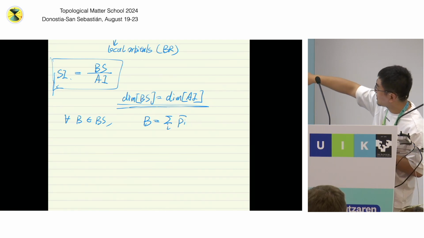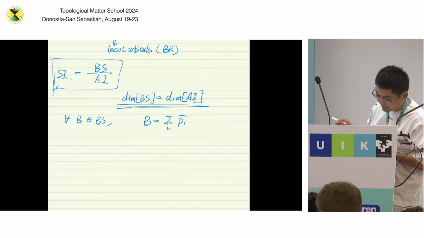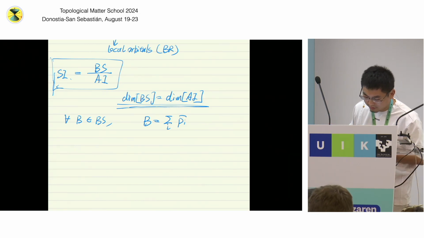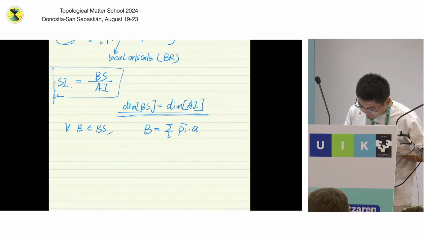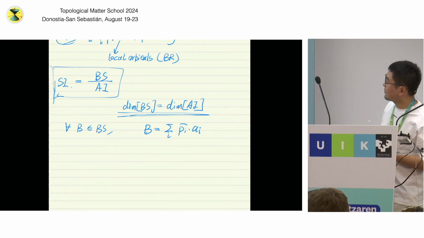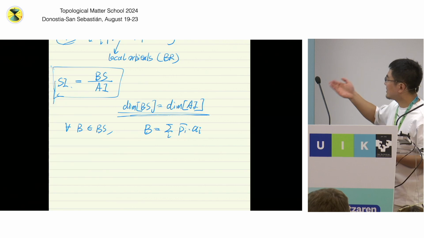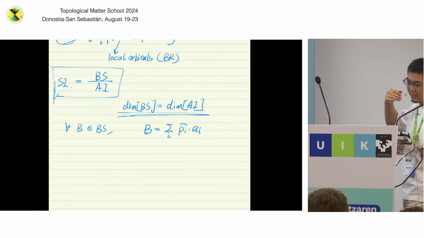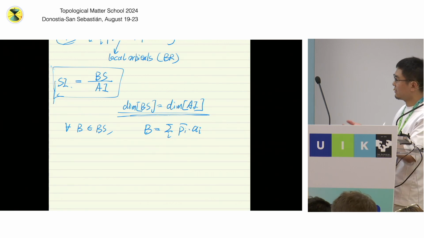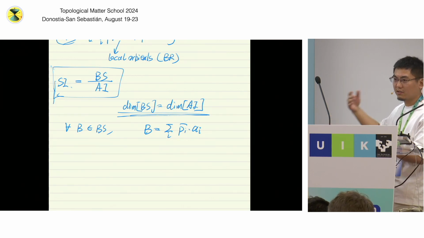Let me denote this as P bar because I don't know if P bar is an integer or not. I already use P as an integer number, right? So we can always write a B vector in this form. So imagine that if we can choose a solution such that all this P bar is integer, that basically tells us that this band structure can be written as a summation of different atomic insulators.